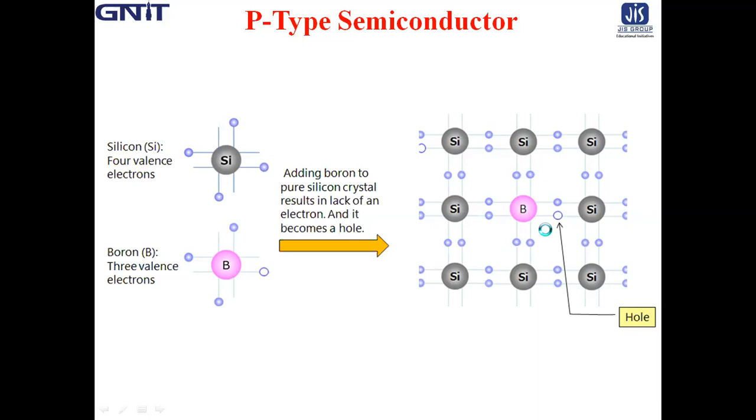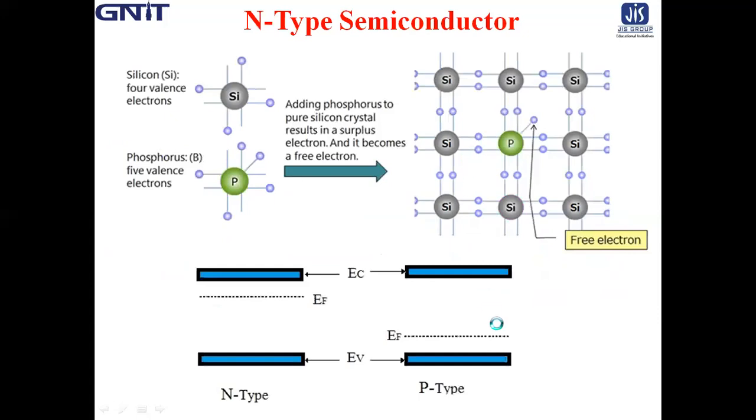The boron atom becomes negatively charged after accepting the electron, whose discrete energy level just lies above the valence band in the forbidden energy gap, called the acceptor level. So see the Fermi energy level of the p-type semiconductor.